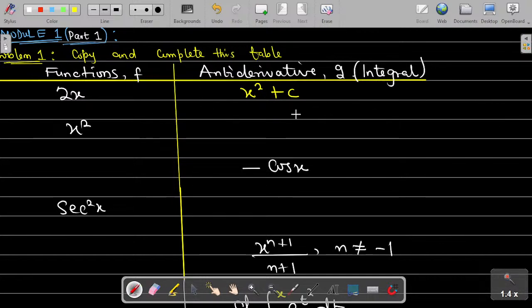All right, and then for the second one, you want to integrate x squared with respect to x. That is going to be x to the power of 3 all over 3, and then you have plus c.